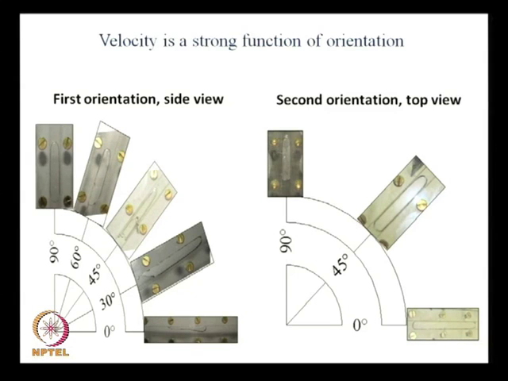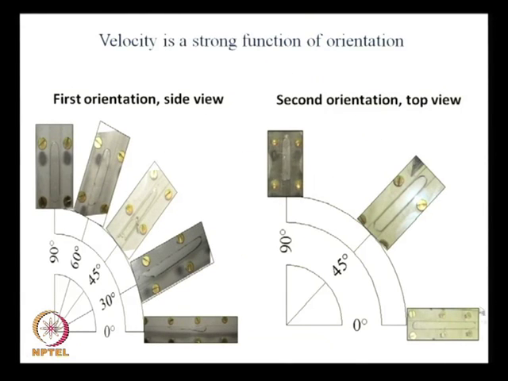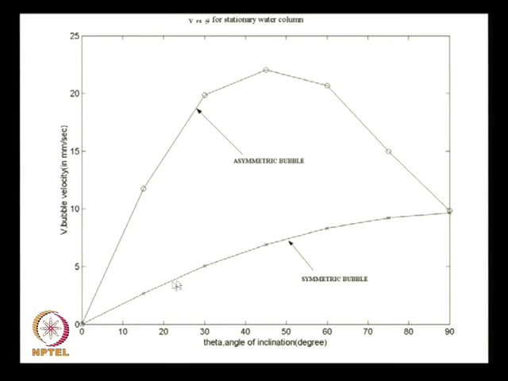The shape factor was very important in the first case, and due to this shape factor we obtained an increase and then a decrease in rise velocity. In this particular case the shape factor does not come in, and therefore it is only gravity which governs the rise velocity, and we found that rise velocity keeps on increasing with inclination. Finally, in the vertical orientation it is the maximum. This was one other thing we found out.